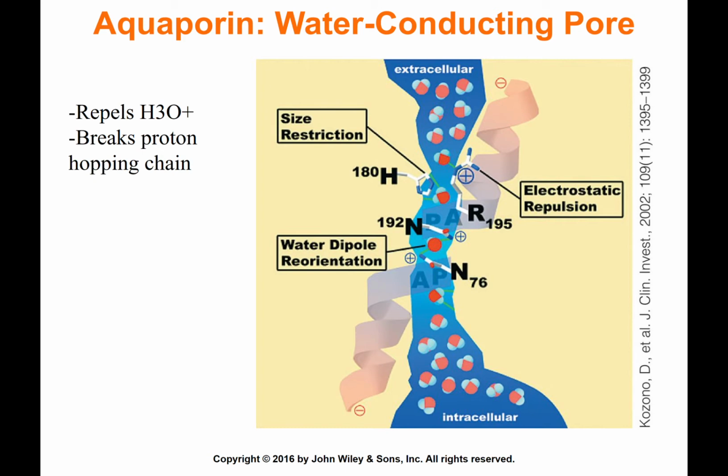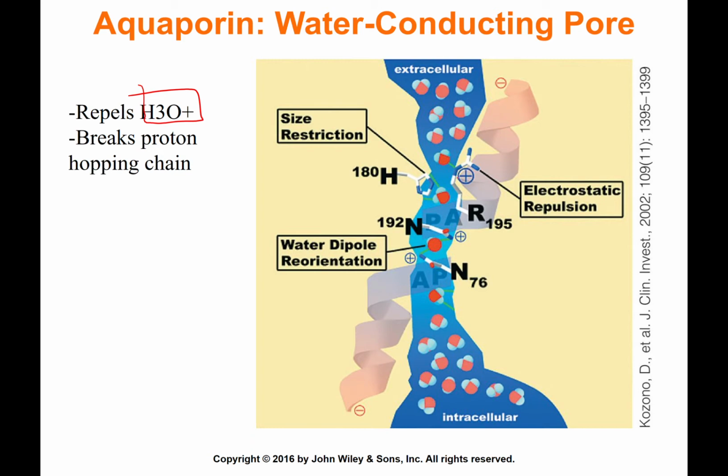Now, how do these aquaporins actually work? There are a couple of different really key parts of this. First of all, as I said, we don't want these pores to allow H3O+ through. We don't want them to let acid through.